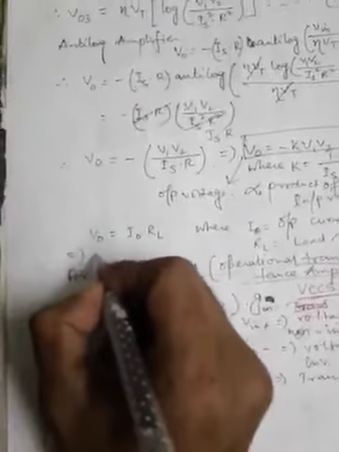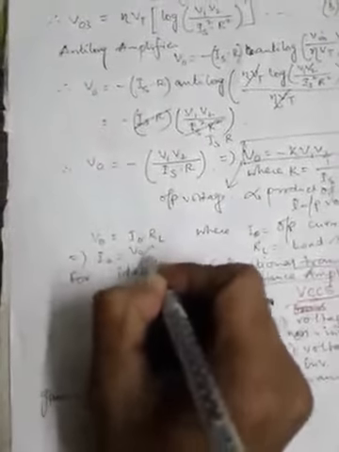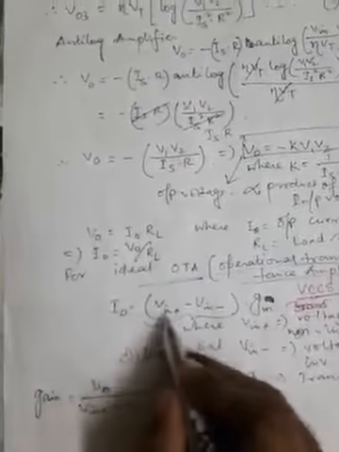From here we can write IO as VO by RL, and here IO is this much. So now compare these two.